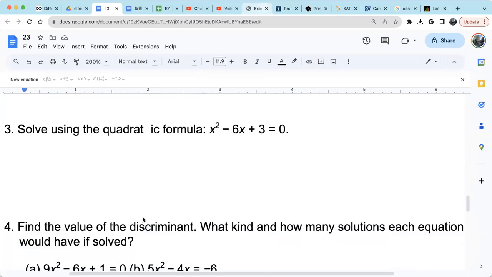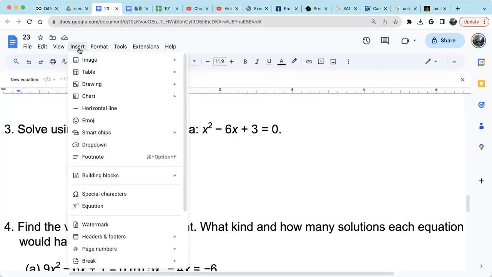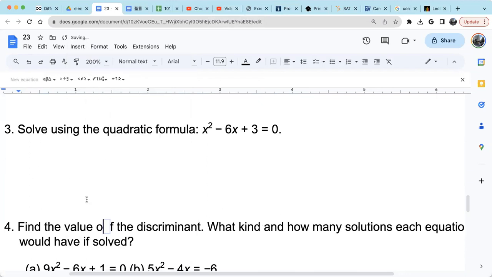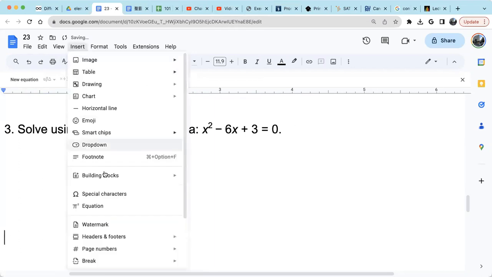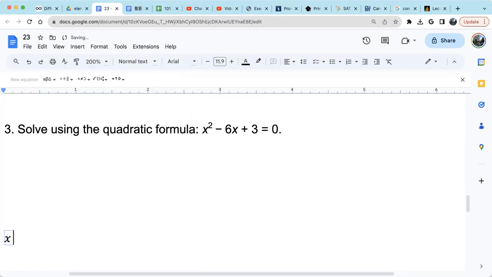Okay, let's see number 3. Number 3, she wants us to use the quadratic formula. Remember the quadratic formula? Let me remind everyone. Let me just write the formula. I need my equation. x equals a fraction.